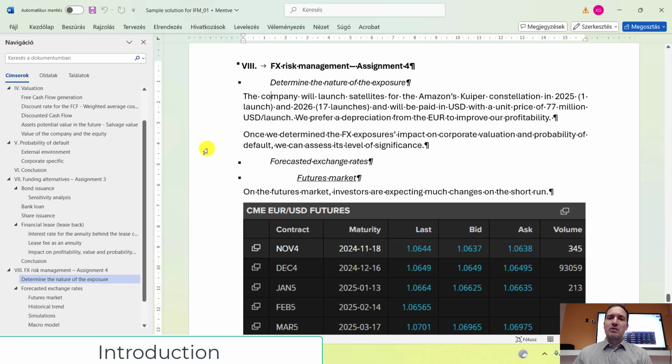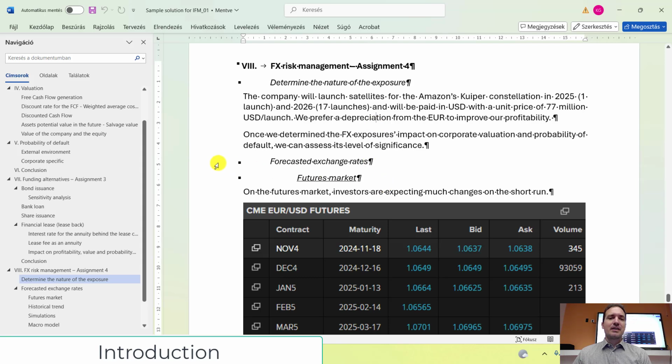So based on the data created last time, at the lecture when I did all the possible simulations and macro modeling to get some foreseeable foreign exchange rates, we can see that our exposure is in US dollar and it will happen only in 2025 and 2026.